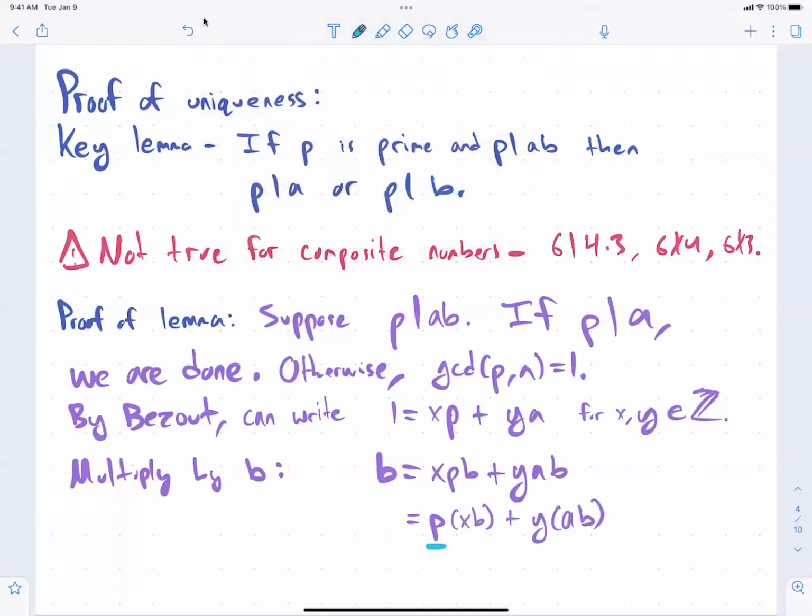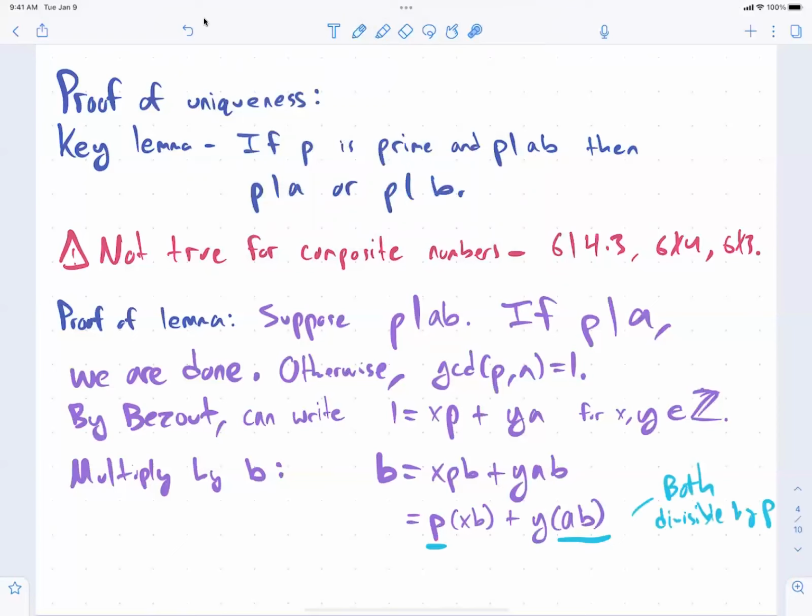The point is, if I look at P and I look at AB, well, P is divisible by P and AB is divisible by P. So both these underlined things are divisible by P. I've assumed that P divides the product A times B, and P definitely divides itself.